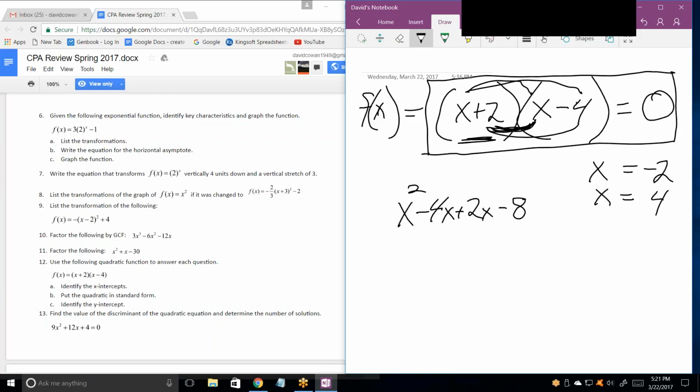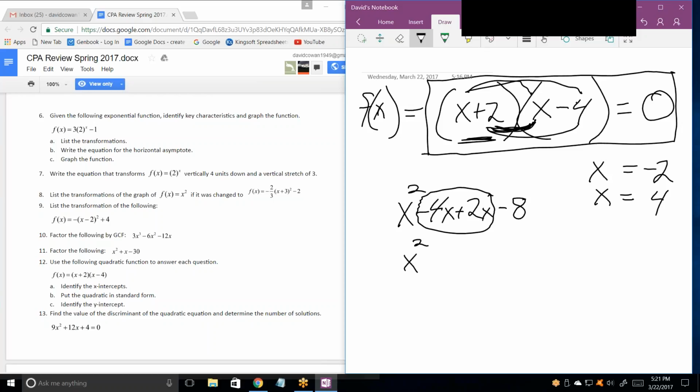-8. And now, as with almost all of them, we can always combine those two middle terms. What do you get when you combine those two middle terms? Those are the only two terms that are like terms. They're both x's. What's -4x plus 2x?